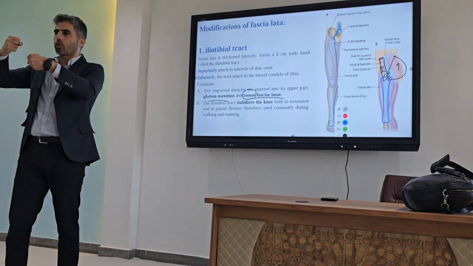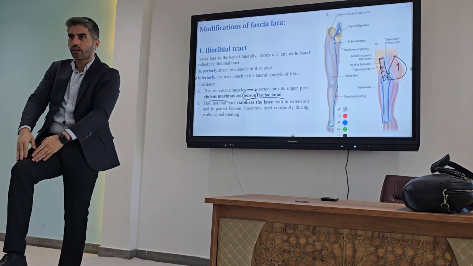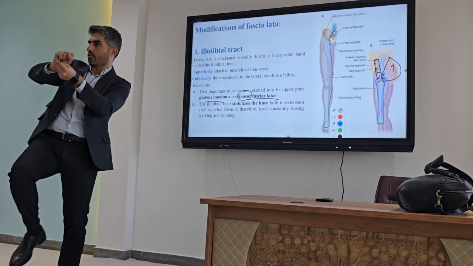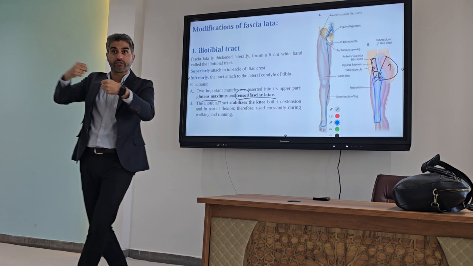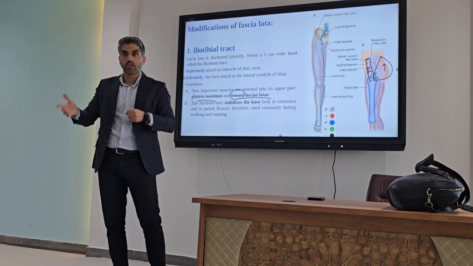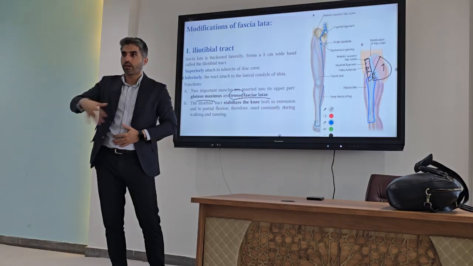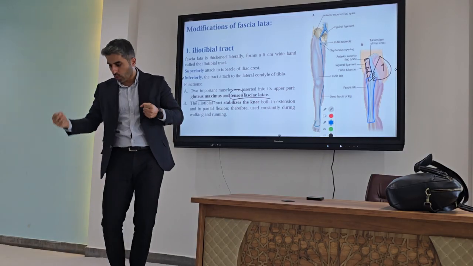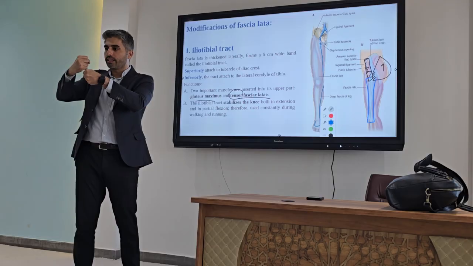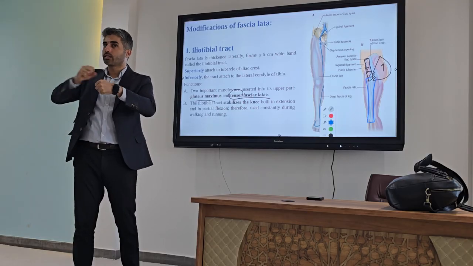The knee doesn't go right and left. When you flex and extend your knee, it always opens and closes, never goes right and left. Sometimes with damage in football or any sport, the knee goes like this. It's very dangerous.